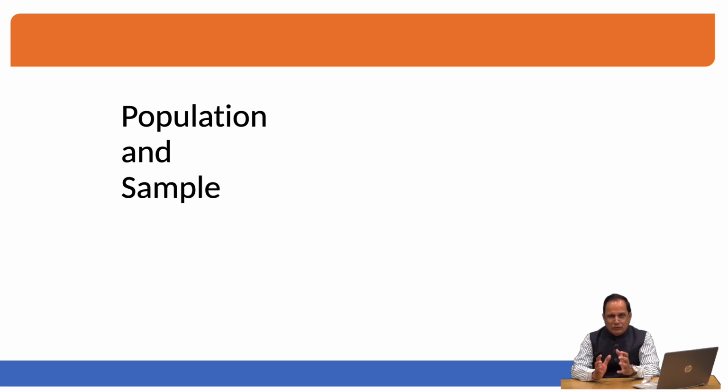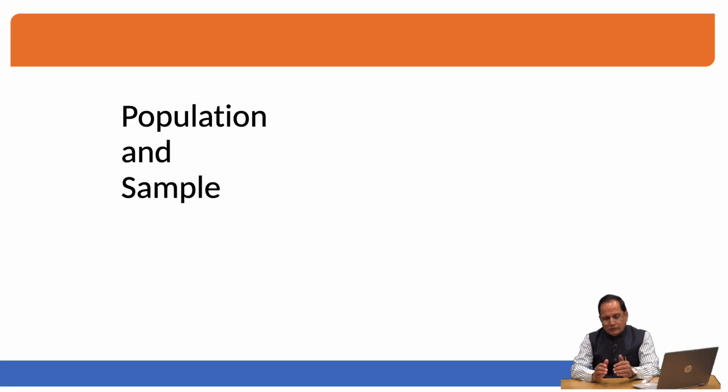Suppose we want to conduct this study for Delhi city only, and in Delhi city also we have taken some educational institutions or some geographical areas on which we try to find out the impact of the free education policy on girls' education. So, that specified geographical area or the academic institutions, their inmates or people living in the particular geographical area will be considered as the population for the study.